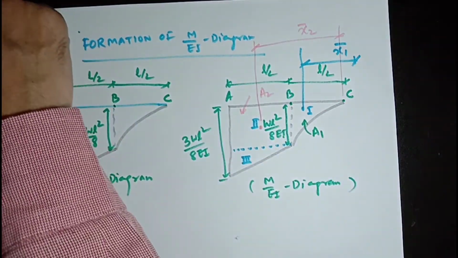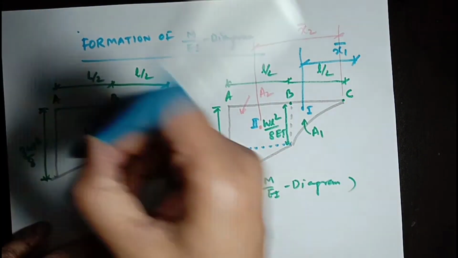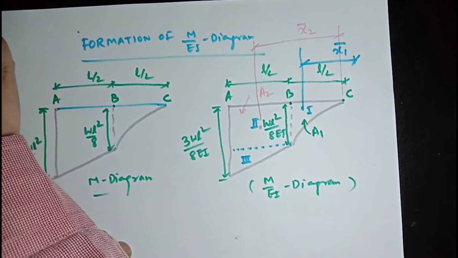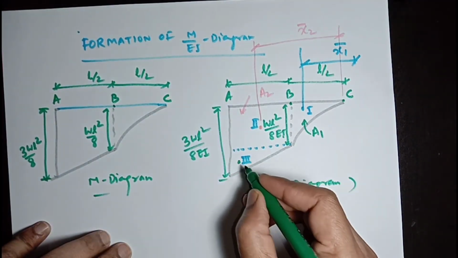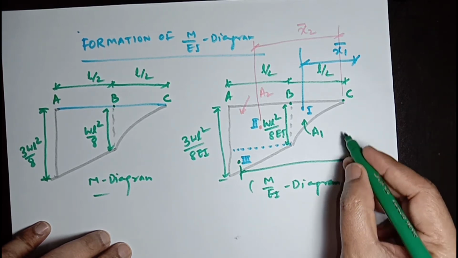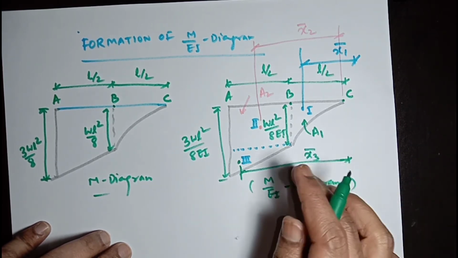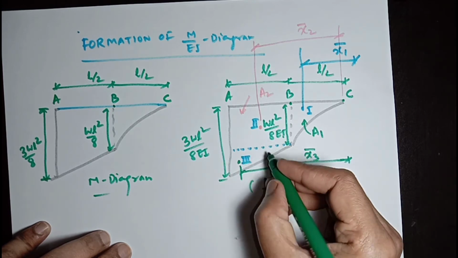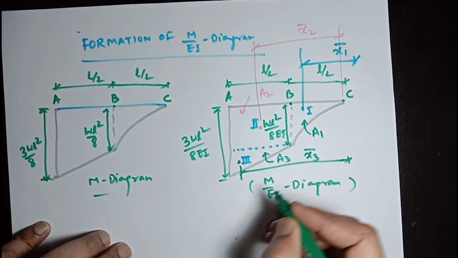This one is A1, and this one has a centroid here, whose value with respect to C will be x3 bar, and it has an area A3.